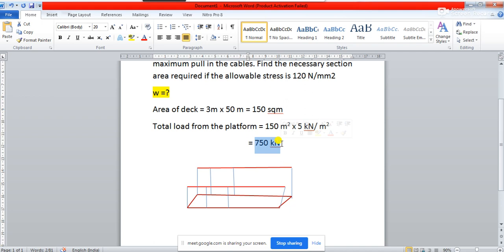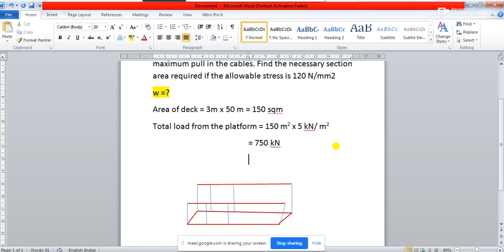Now you tell me, if 750 kilonewton is the total load on the platform, each of the cables will be taking how much load? Because whatever formula, whatever derivation we have done, we have considered that on each cable the UDL is acting. Considering one side of the cable only, we have derived the formula. So there are two cables, right? On one side of the deck there is one cable, other side of the deck there is one cable. So two cables will be equally sharing it.